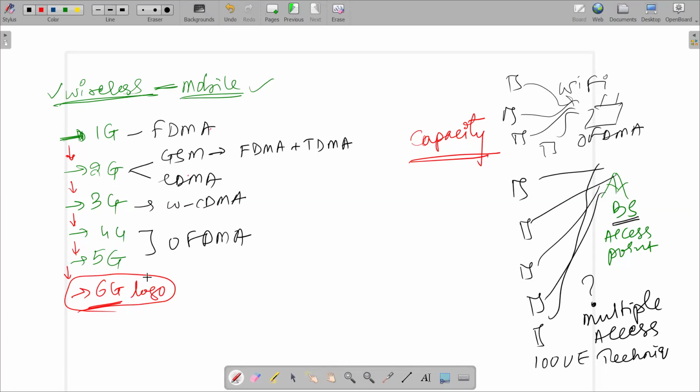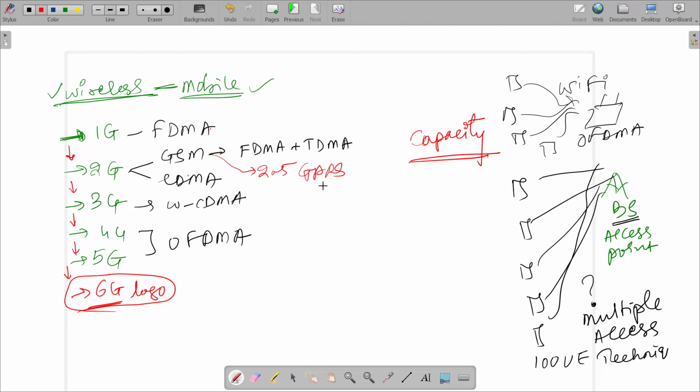1G is only meant for voice and CS based. In 2G, PS is also there. That's what I'm saying, 2.5G is GPRS. So 2G is CS, and if I say 2.5G, then this is GPRS. Packet core is added, but the main aim was voice.